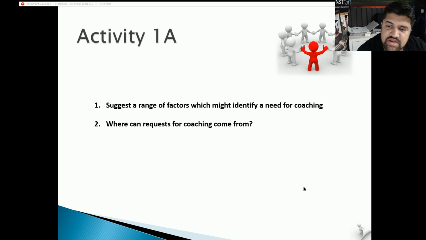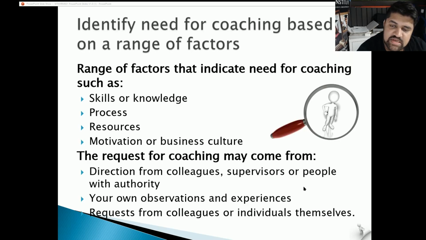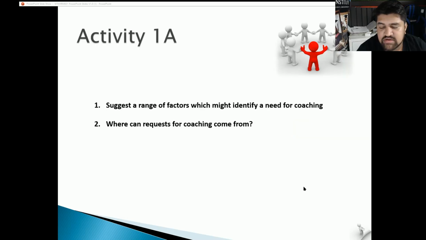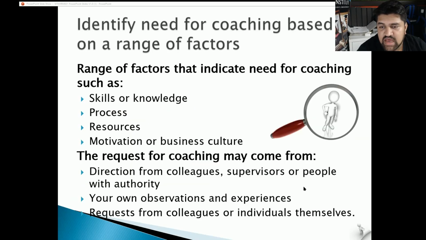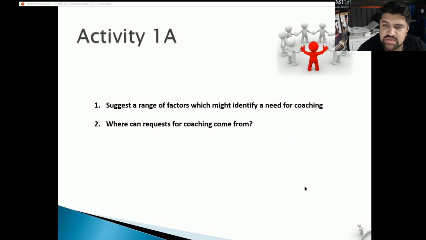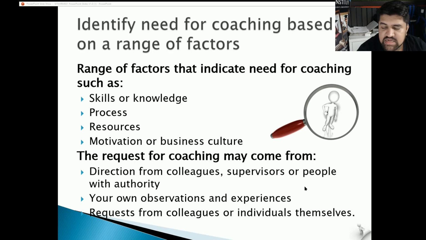So activity 1A. Suggest a range of factors which might identify a need for coaching. The factors that we would basically be worrying about are the skill or knowledge of a person, if we are implementing a new task or process for that person or business, if we are bringing in any new resources or equipment that needs to be used, and essentially motivation or business culture.